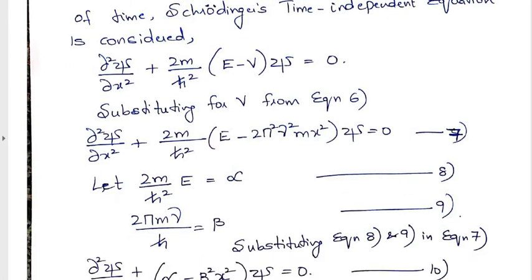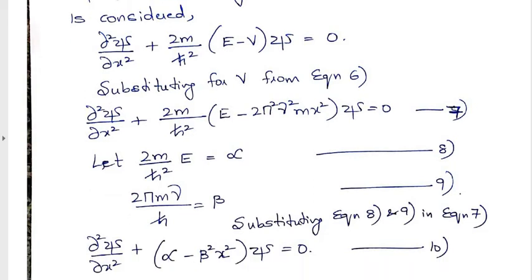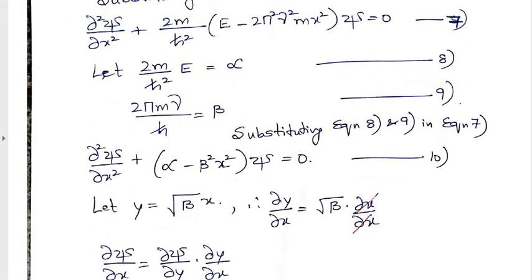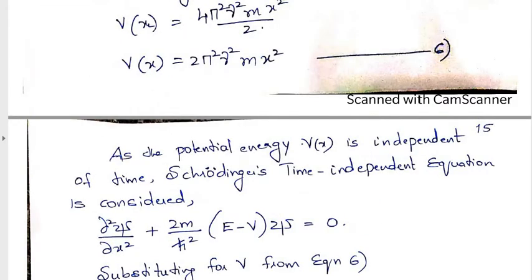So substituting equations 8 and 9 in equation 7, what we will have is del square psi by del x square plus, open the bracket, 2mE by h bar square is alpha, then minus, taking this within the bracket, 2m by h bar square, what we will have is 4 pi square m square nu square by h bar square, which is nothing but beta square into x square, whole multiplied by psi equal to 0. Now this equation is called equation 10.